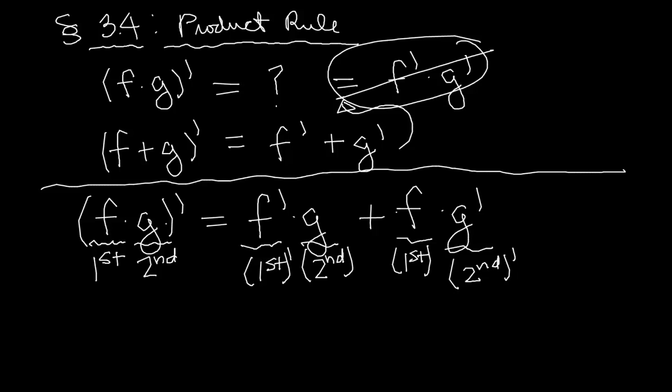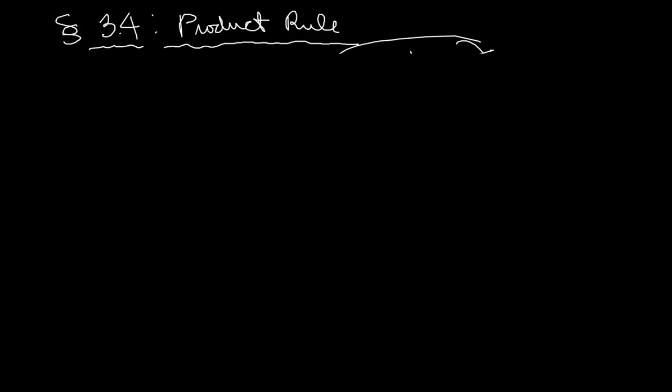Okay? So let me just erase everything, but of course I'm going to rewrite that formula so we can all see it. Alright, so here we go. I'm going to put the formula here. f times g prime is equal to f prime times g.